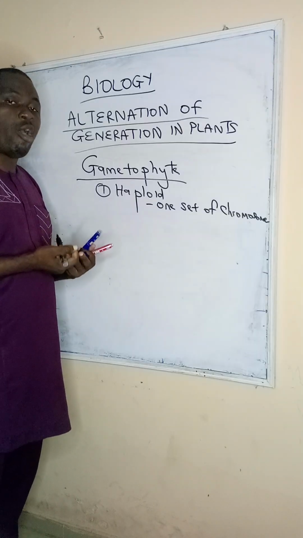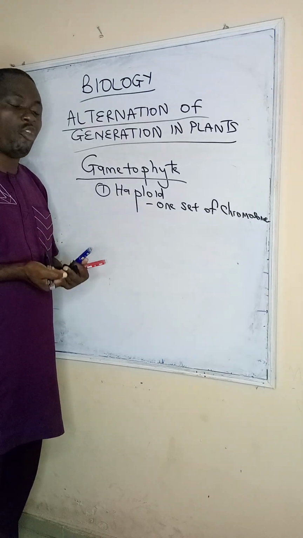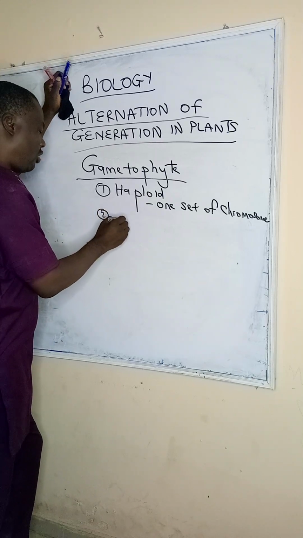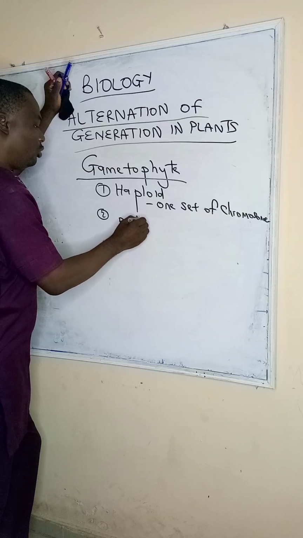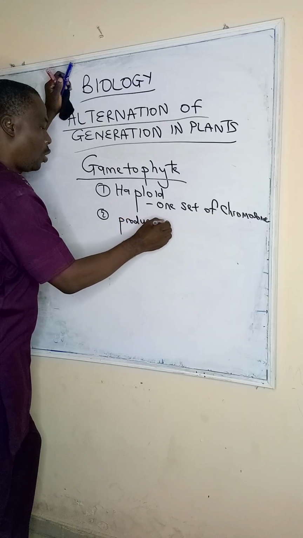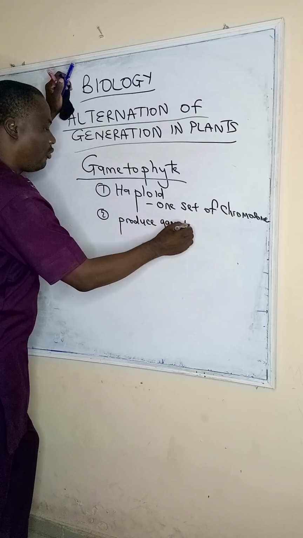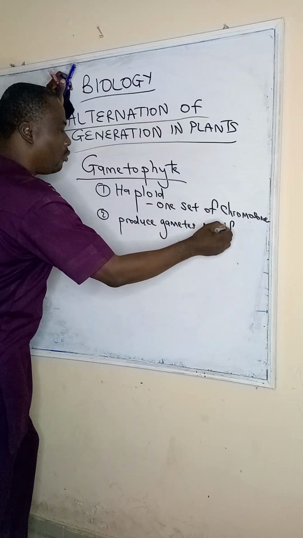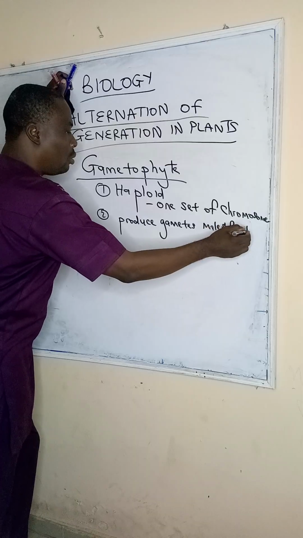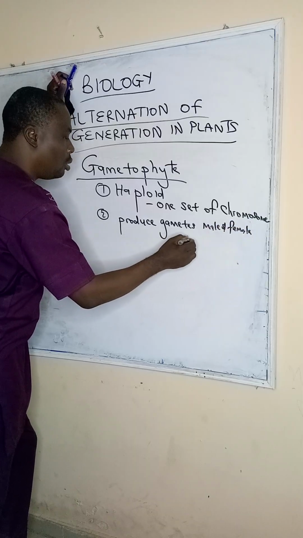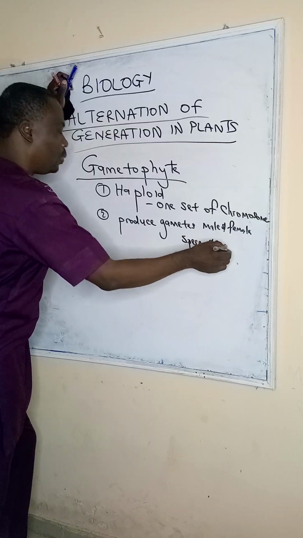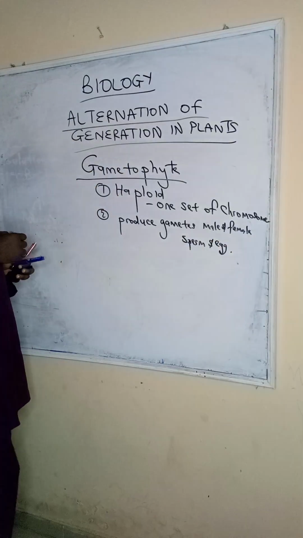Chromosomes are what is used to bring about cell division through mitosis or meiosis. This haploid produces gametes by mitosis, male and female. You can call it sperm and egg.